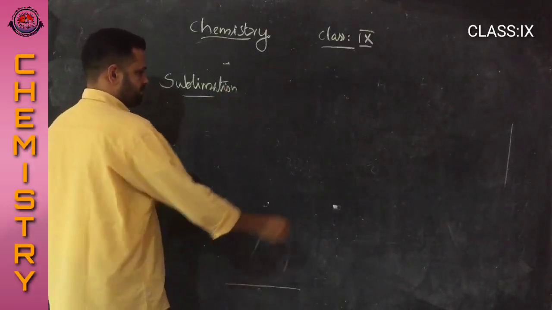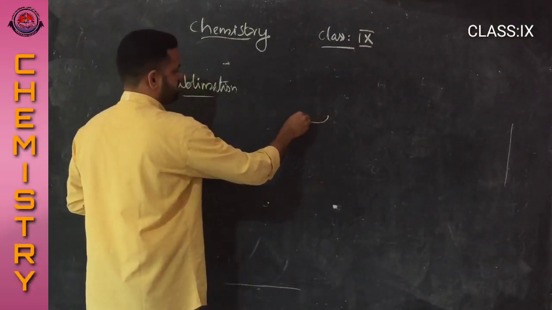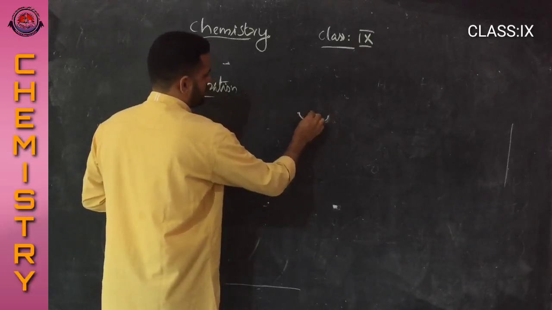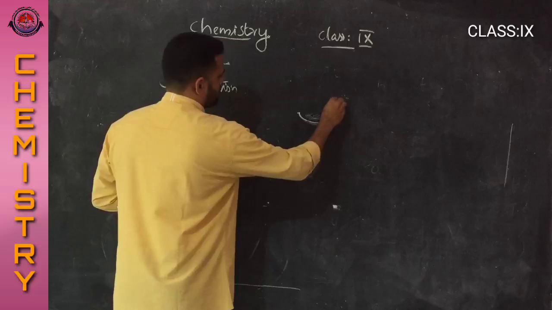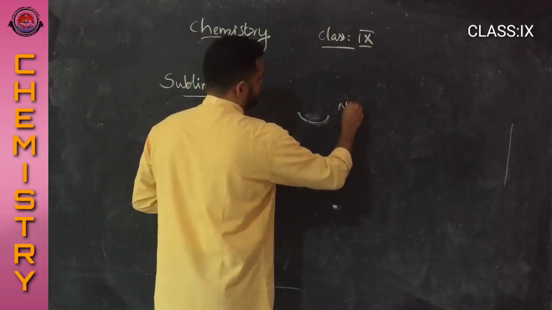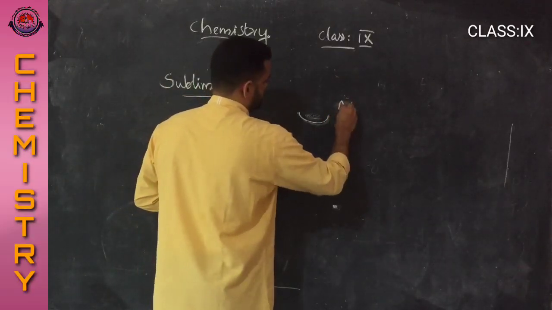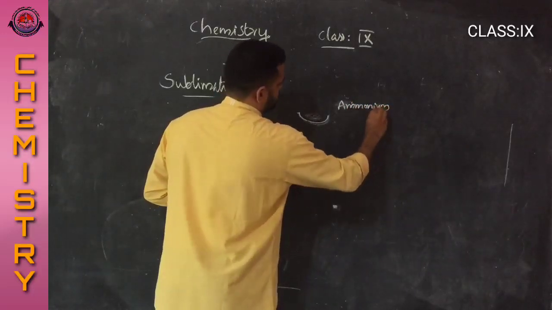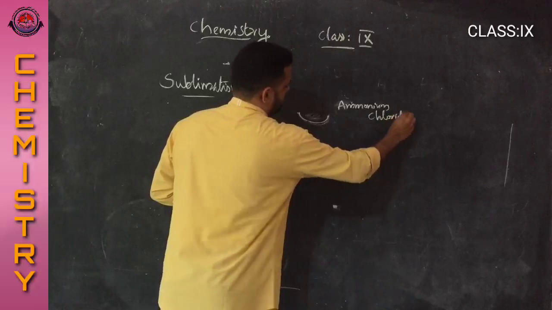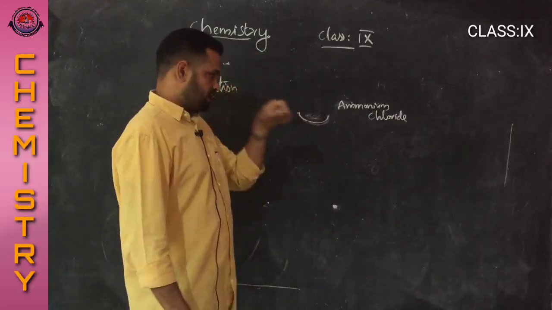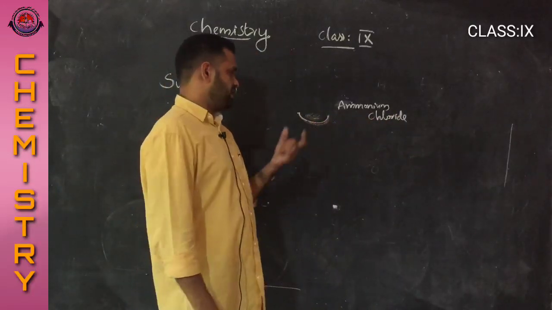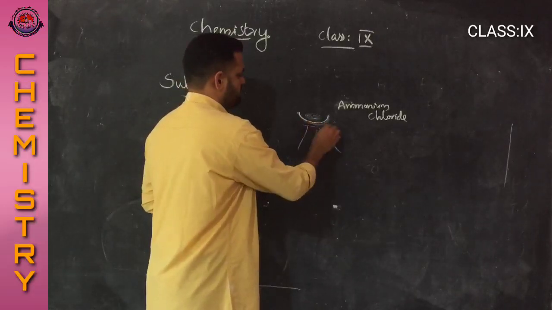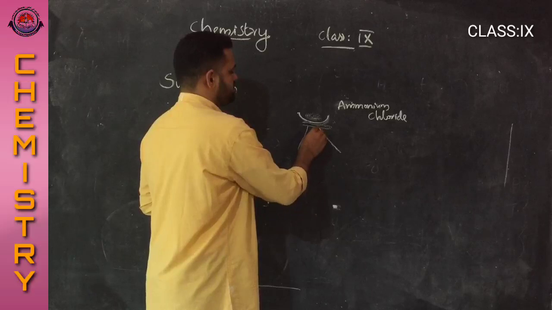For that, take a china dish and take some ammonium chloride powder, that is, crystals of ammonium chloride, in the china dish, and place it on a tripod stand and then heat.